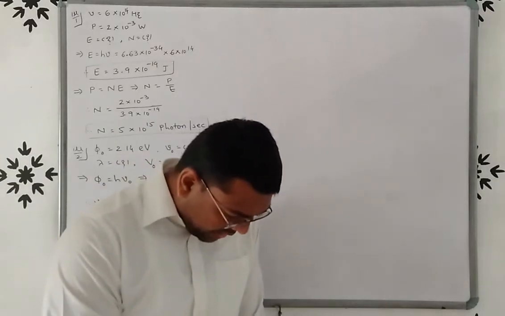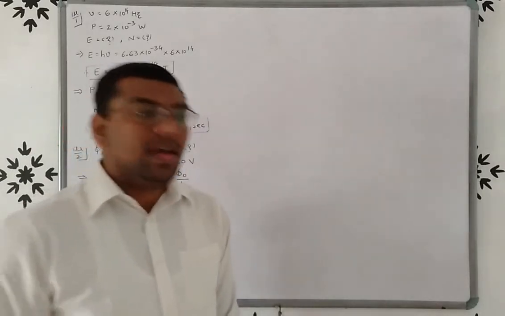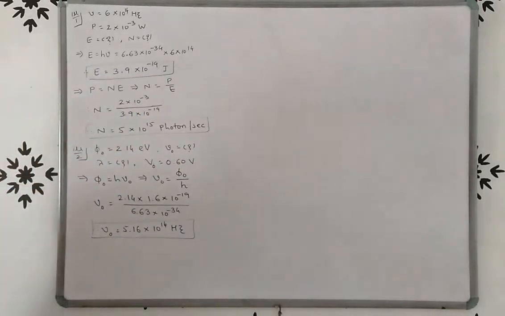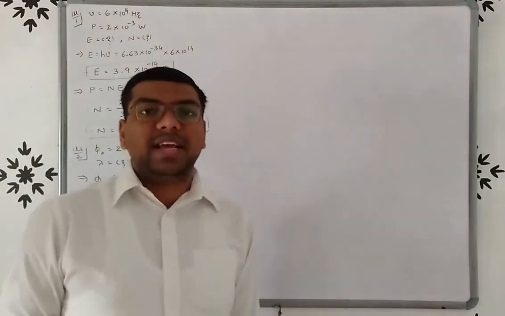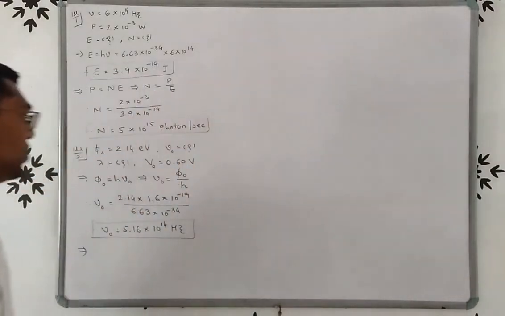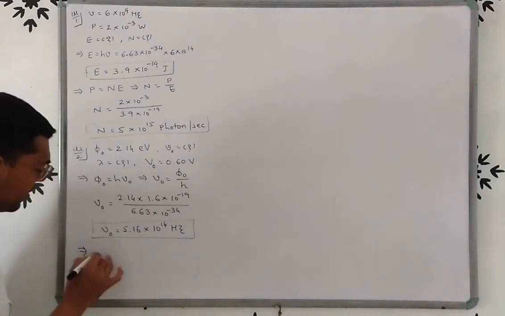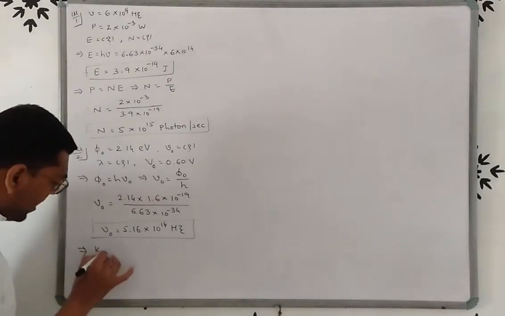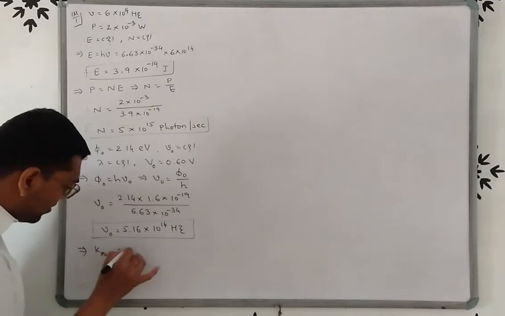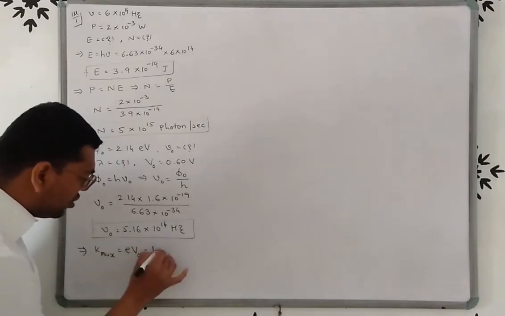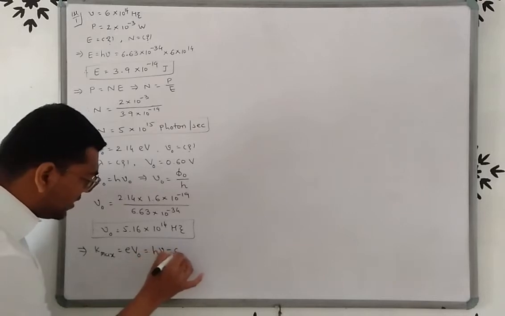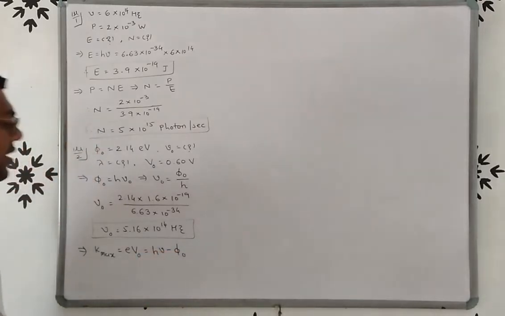Okay, now see, we have to find out the wavelength if the stopping potential is 0.60. So friends, in the last lecture we discussed Einstein's formula, K maximum, that is equal to eV0, is equal to h nu minus phi 0, right?